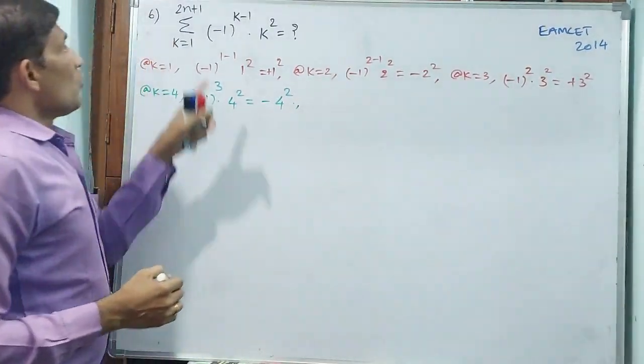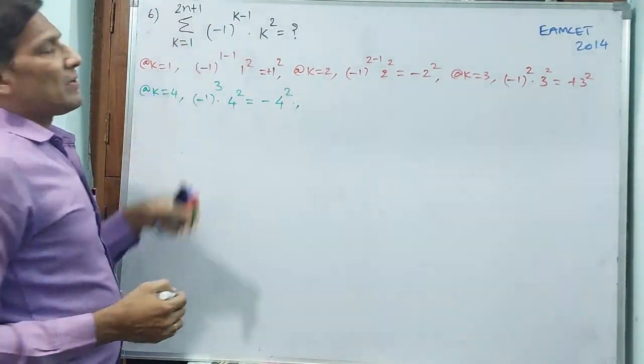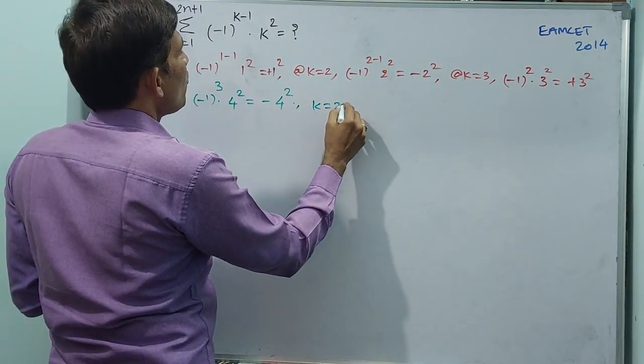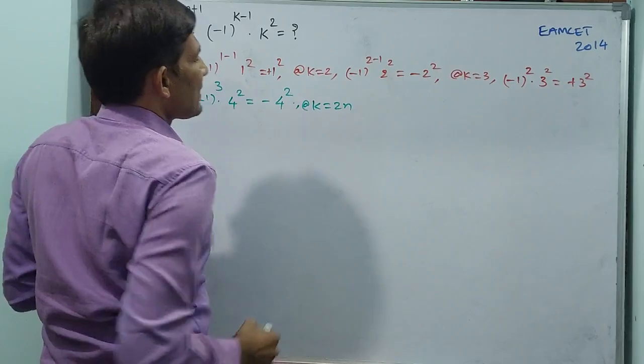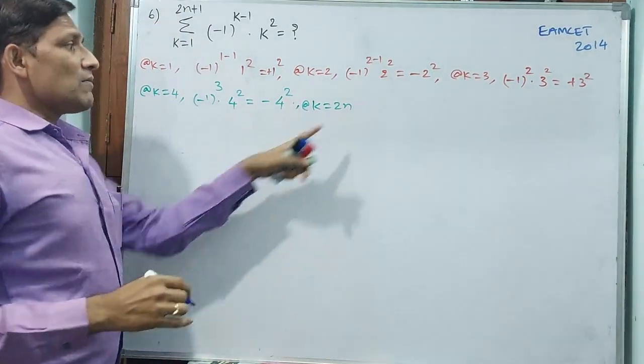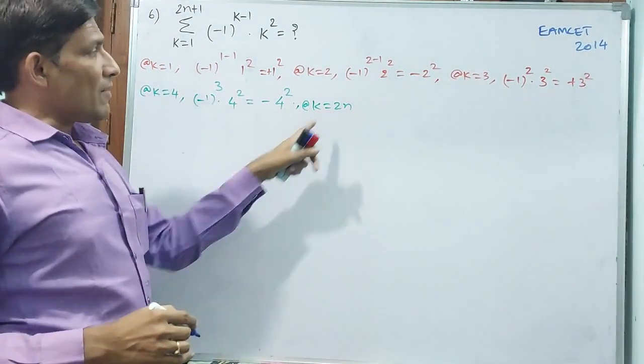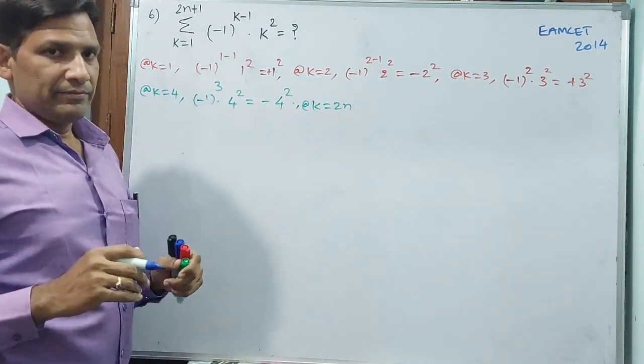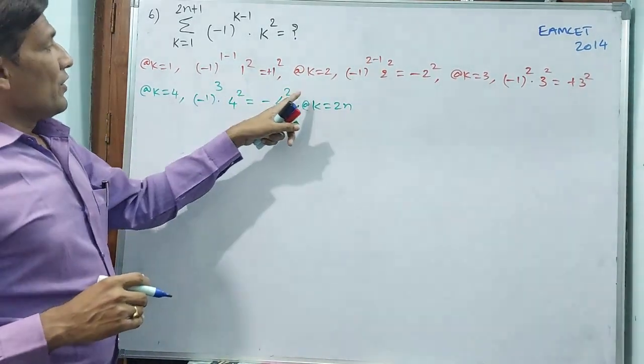Now take 2n, and afterwards 2n plus 1 also. When k is equal to 2n, whatever you give in n, after multiplication by 2 it is going to become an even number.